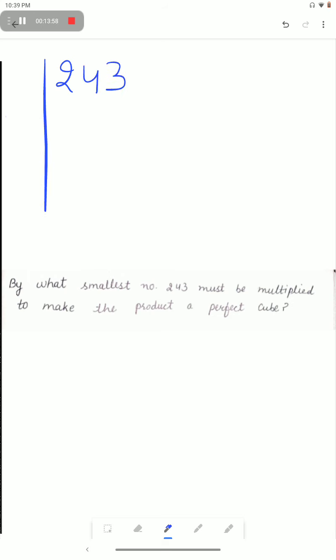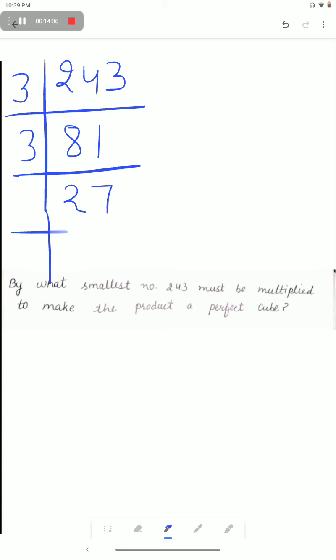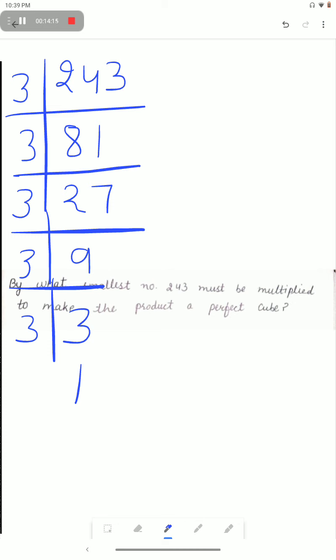Now it will come in the table of 3, 3 eights are 24, 3 ones are 3, 81, then 27, then 3 nines are 27, 3 threes are 9. Okay. Now you can easily find out what the factors of 243 are.